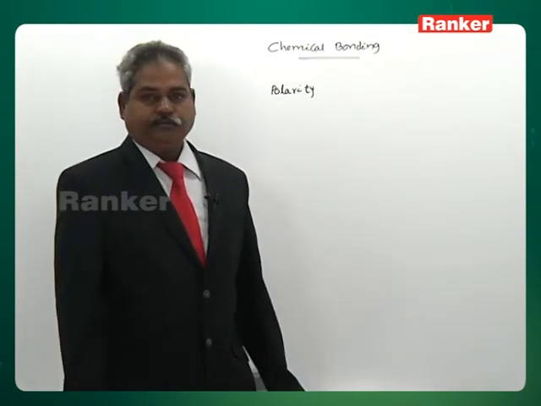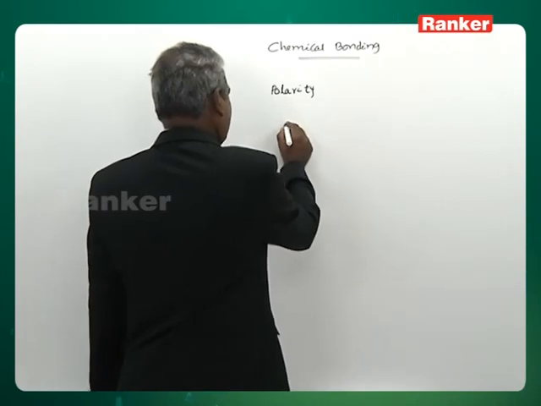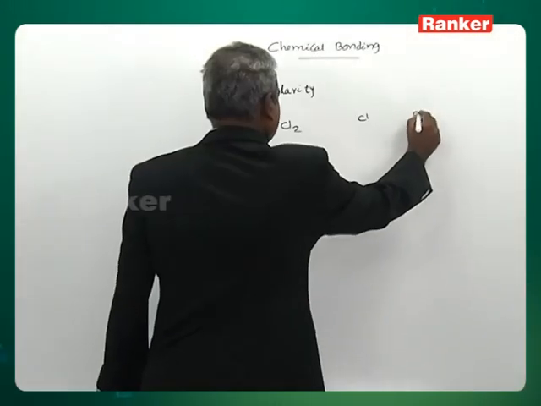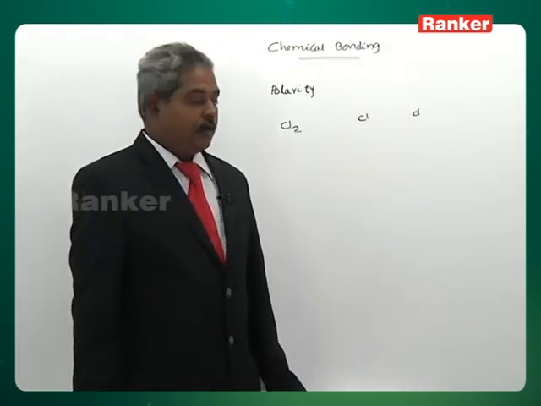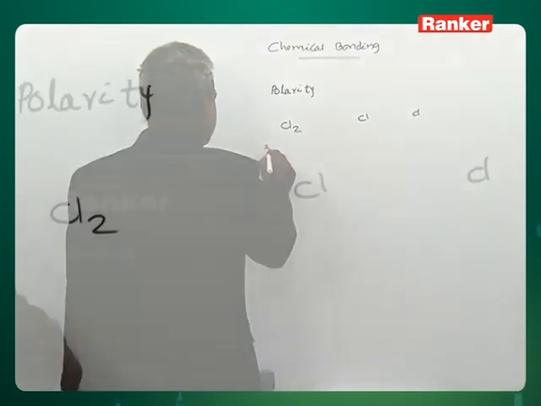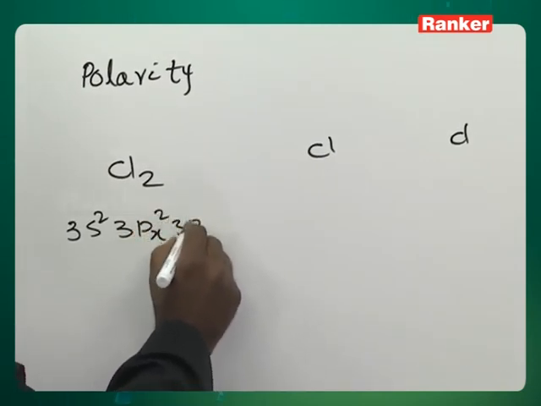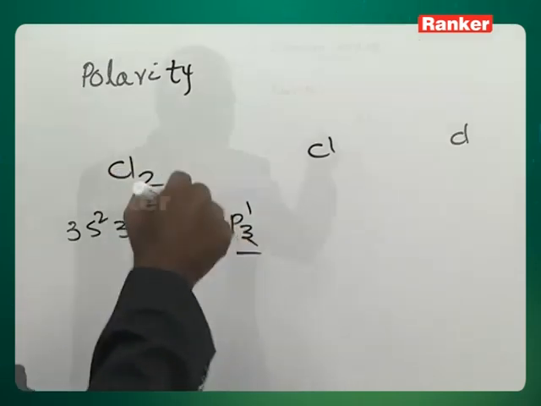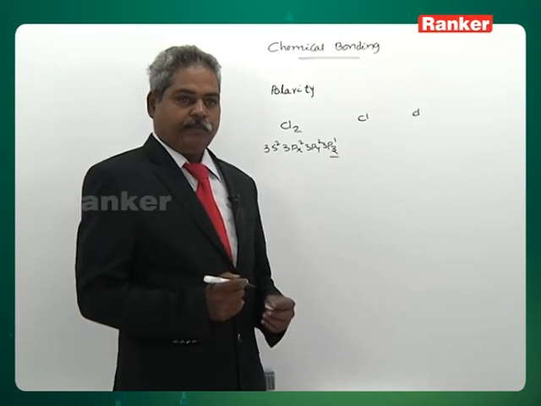Look here. Suppose there is a molecule called Cl2 in which 2 chlorine atoms are participating. You know only the last electron, that is 3s2, 3px2, 3py2, 3pz1, only this particular unpaired electron participates in bonding.